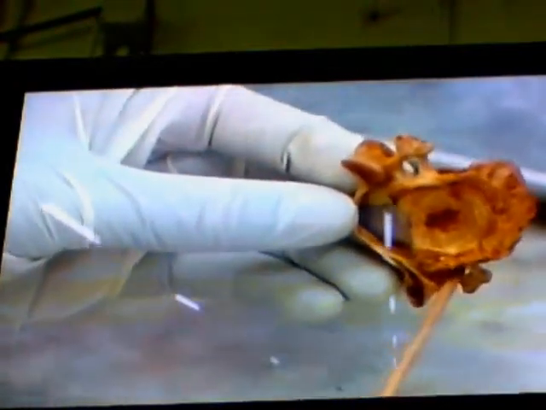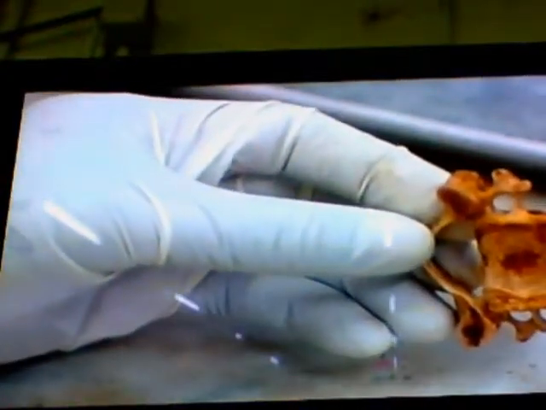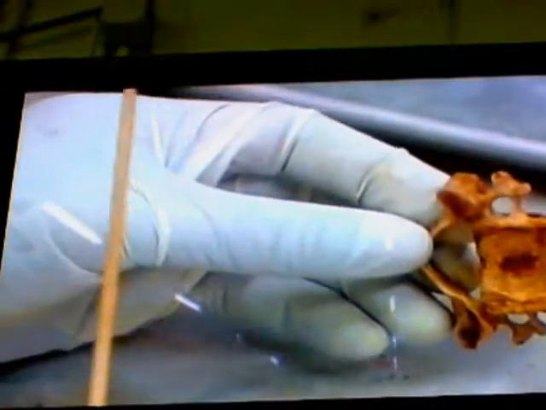So I can recognize a cervical vertebra by looking for the foramen transversarium. If I have that, it is a cervical vertebra. No other vertebra has a foramen transversarium.